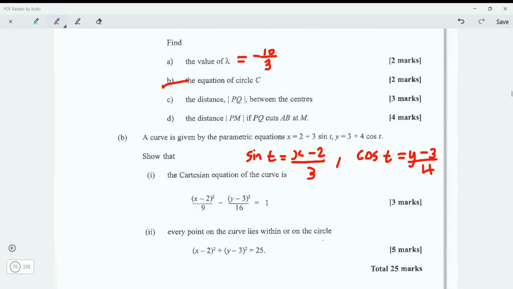Now, Marika, we know one thing. We know that sine square t plus cos square t equal 1.